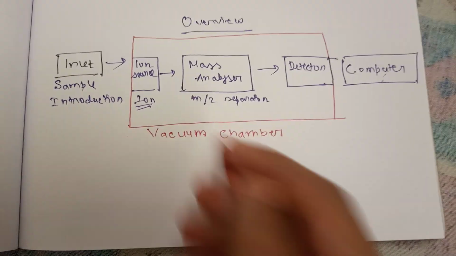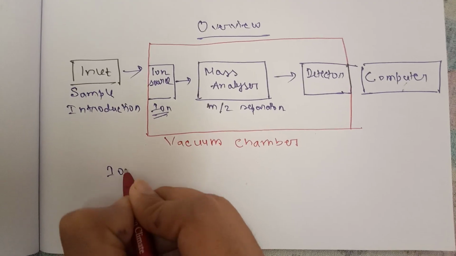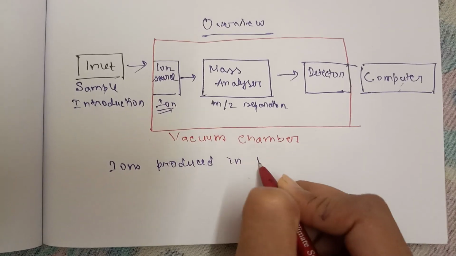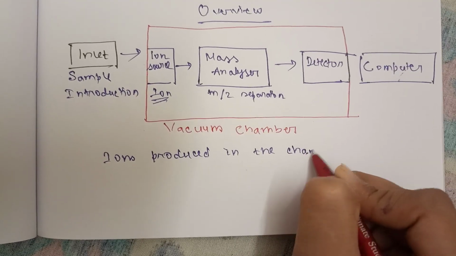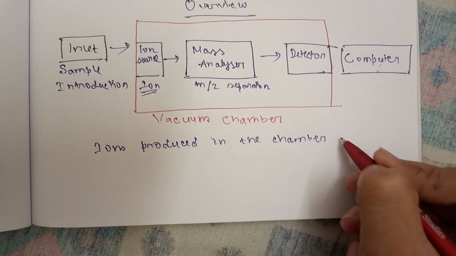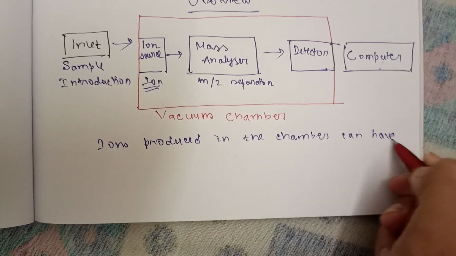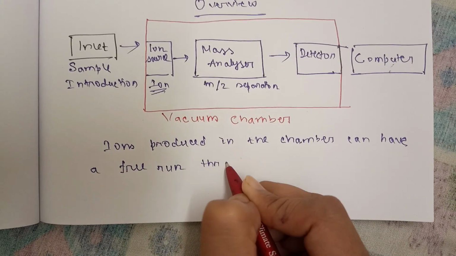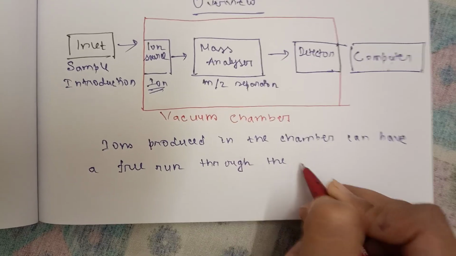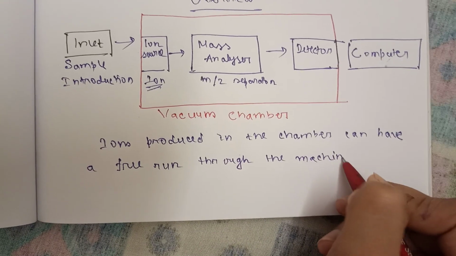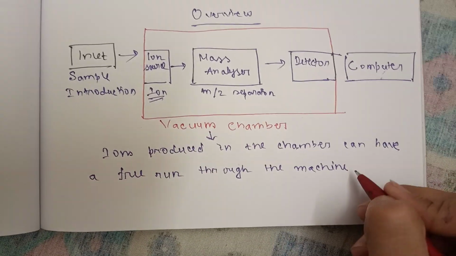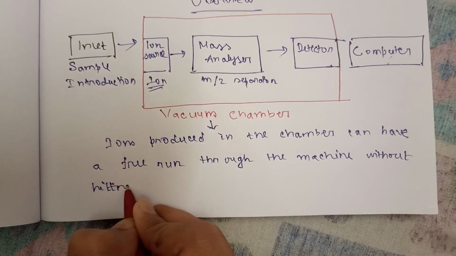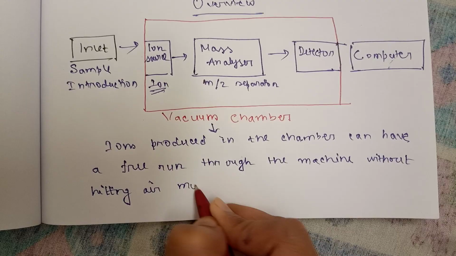Now here I have said that there will be one vacuum chamber. Why vacuum chamber? Because the ions produced in the chamber can have a free run through the machine without hitting air molecules.